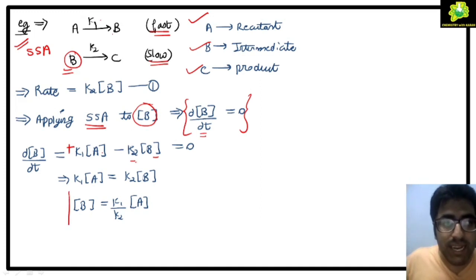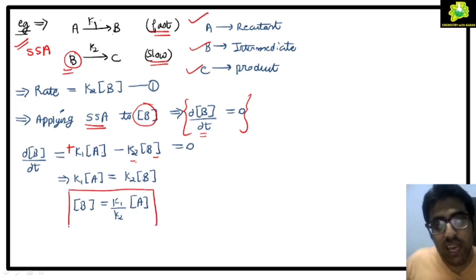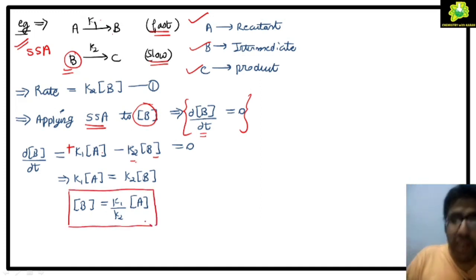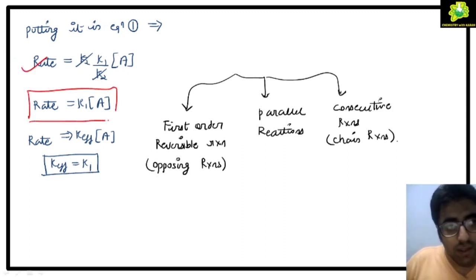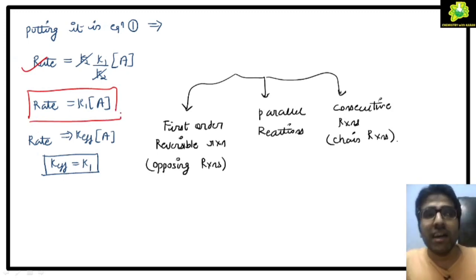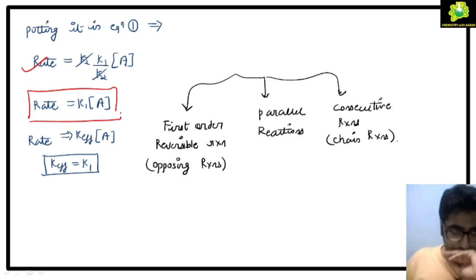Solving, we get the concentration of B as K1 upon K2 times the concentration of A. Now using this concentration of B in equation 1, we get the rate. So finally we are getting rate is equal to K1 times A. Always remember, you can never leave the rate in terms of intermediate concentration.